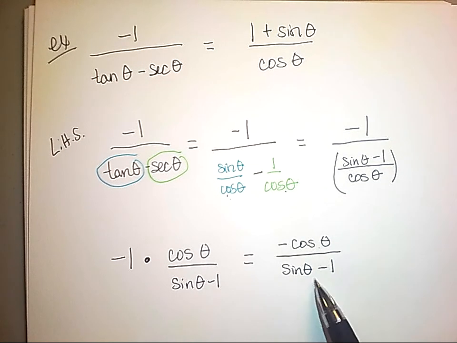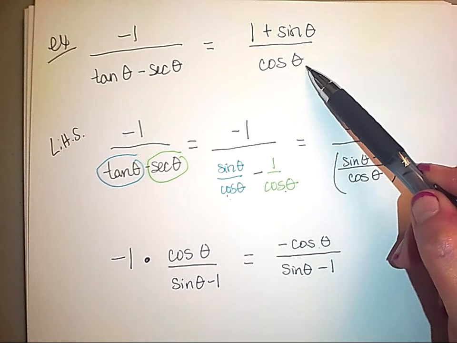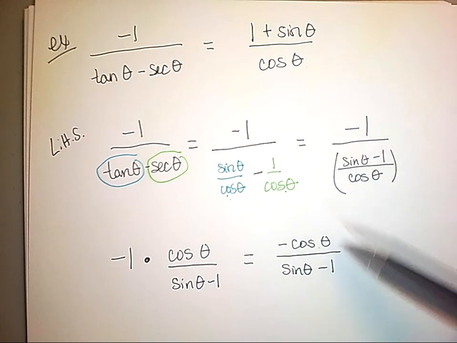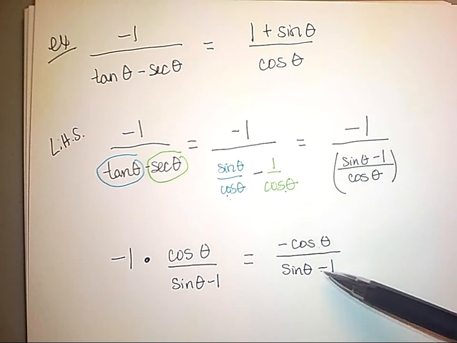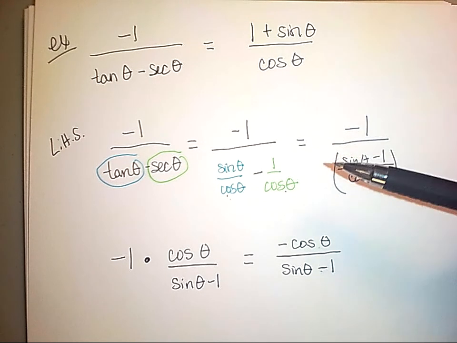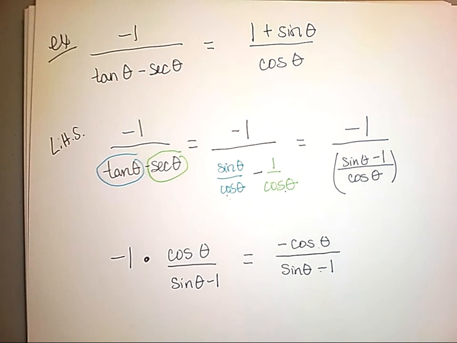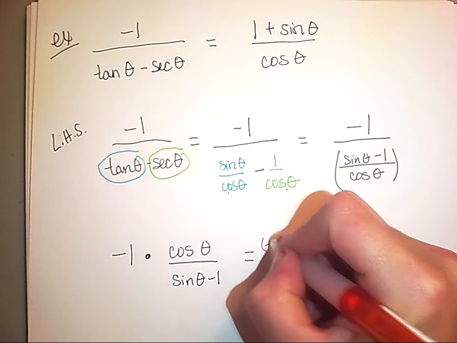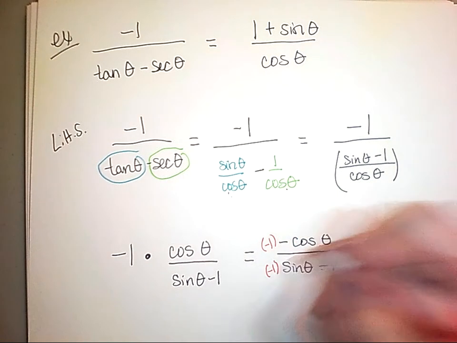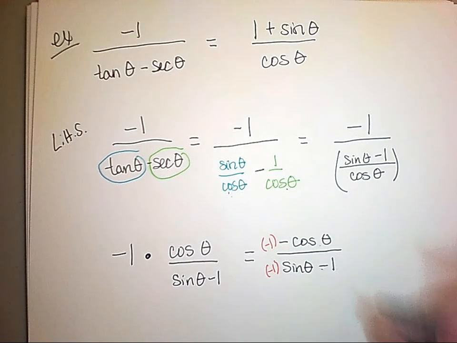I really would have liked to have seen this cosine of theta be in the denominator, because that's what we have. And I really would have liked this minus to be a plus, but that's not what we have. Well, let's multiply by a negative 1. Why not? Okay.